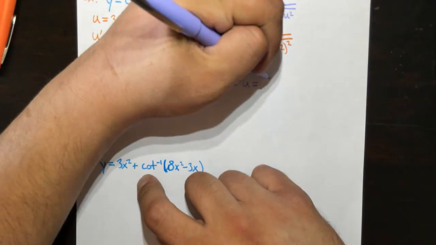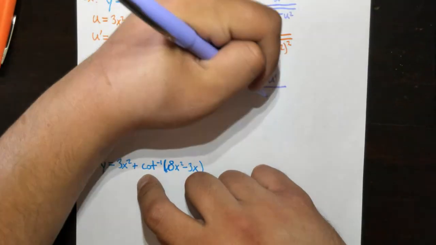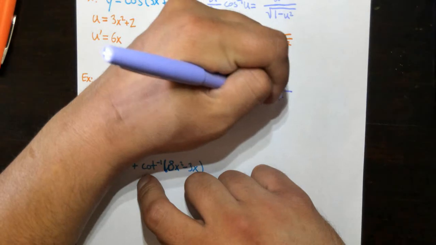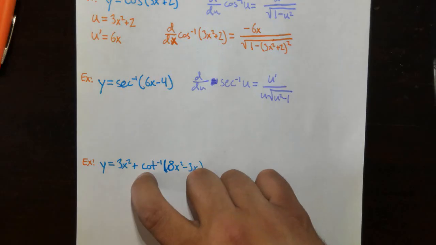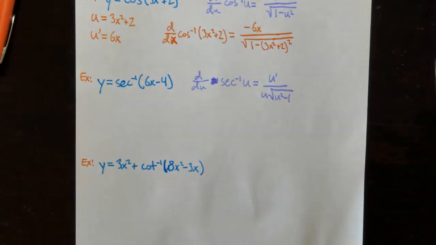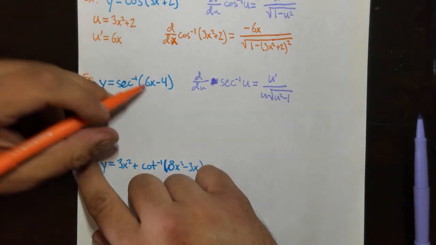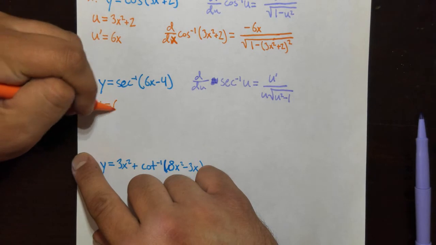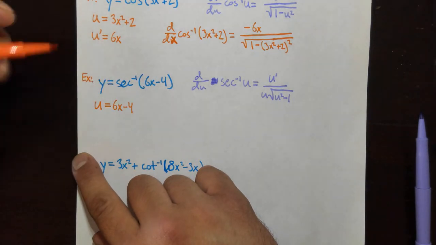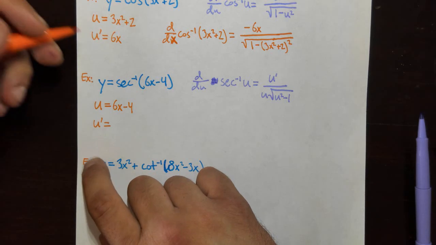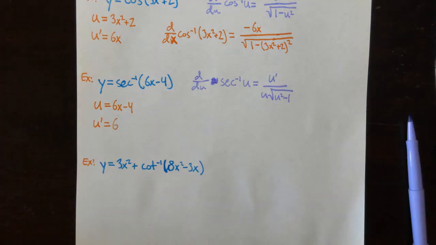It was u prime divided by u times the square root of u squared minus 1. So again, let's define our u and du here. So u is going to be 6x minus 4, and u prime, or du, is going to just be 6.